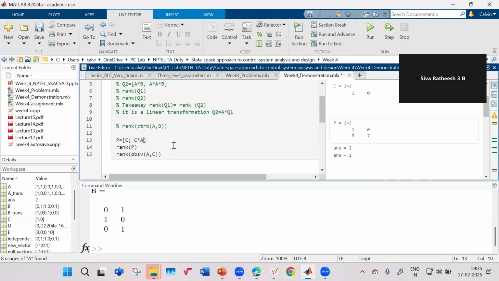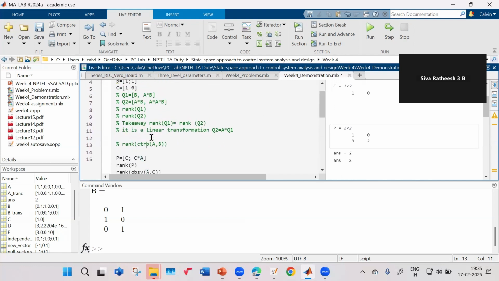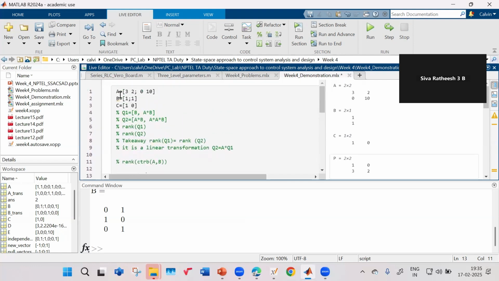So what do we understand? By sensing in this configuration, if I just sense my state x1 and I don't sense my state x2, still I can determine what my state x2 is. Okay, I can determine what the initial condition is. Let us see if it happens with the counter.